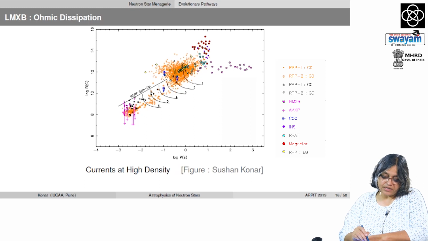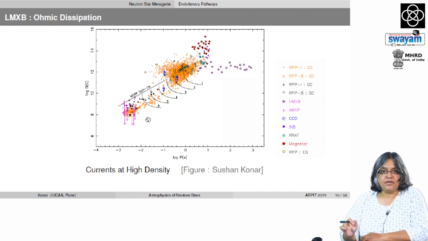These are for different values of initial magnetic field and then they have evolved. What you see here is that these final products do not really generate the millisecond pulsars which have very low magnetic field, and these have been confined at a very high density. The currents supporting the crustal magnetic field have been confined to very high densities, and then you see that they are not really producing the observed millisecond pulsars.